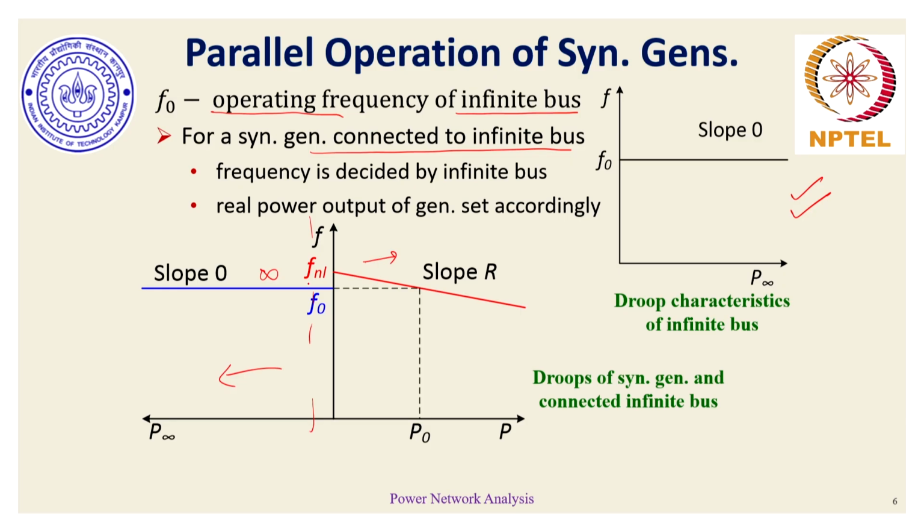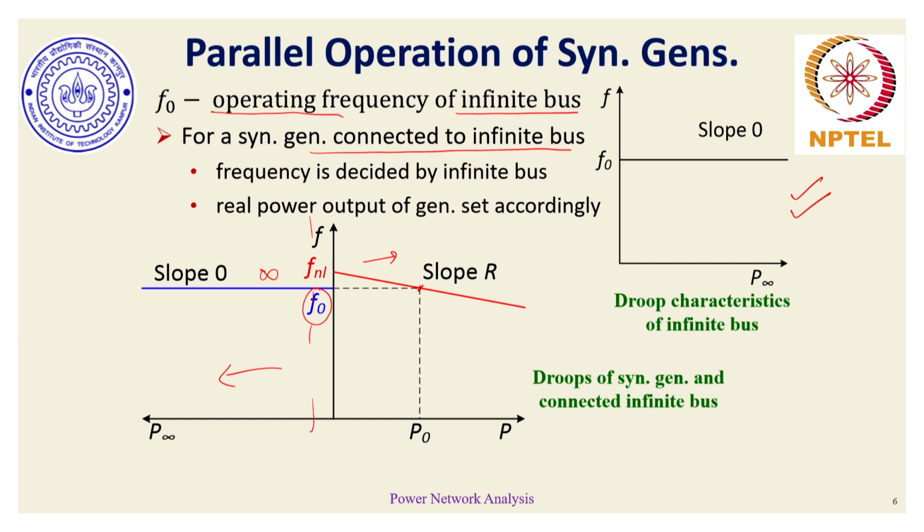So F naught is the frequency of the infinite bus, and the synchronous generator is synchronized to the infinite bus at frequency F naught, so P naught would be the corresponding power delivered by the synchronous generator at this particular F naught frequency.